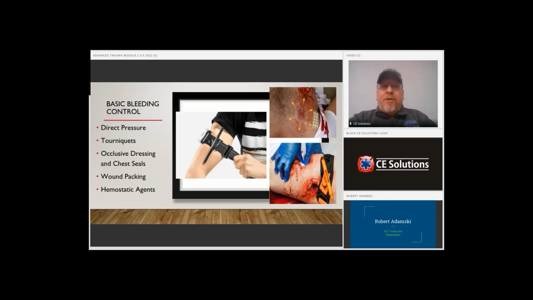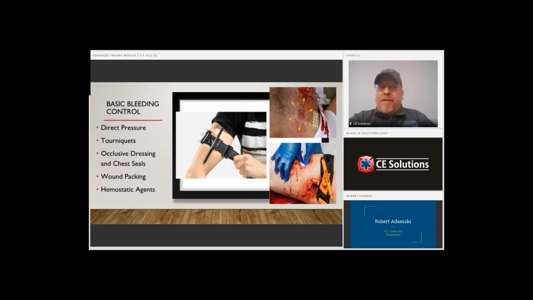And then we're going to move on to occlusive dressings or chest seals, dealing with chest injuries to the respiratory system, to your lungs, that can help prevent tension pneumothoraxes. Then we're going to move on to wound packing, and remember what I said before, we can often use that technique for junctional wounds in the axilla or the inguinal regions, where we can't use tourniquets, and therefore we have to pack the wound to try to control that hemorrhage.